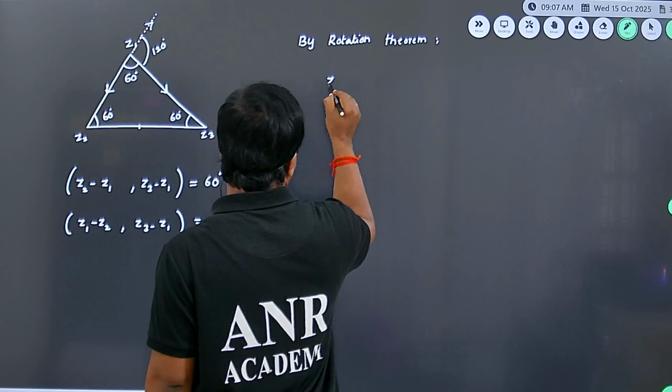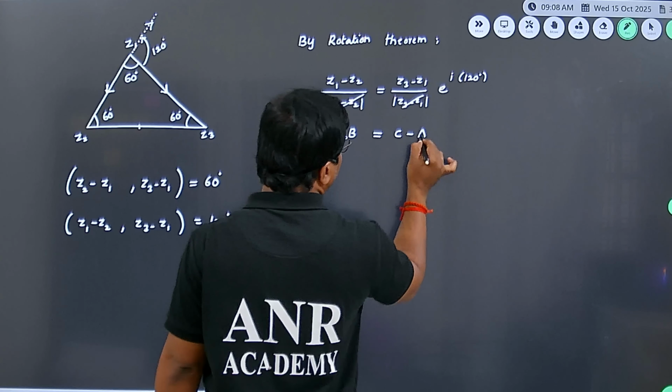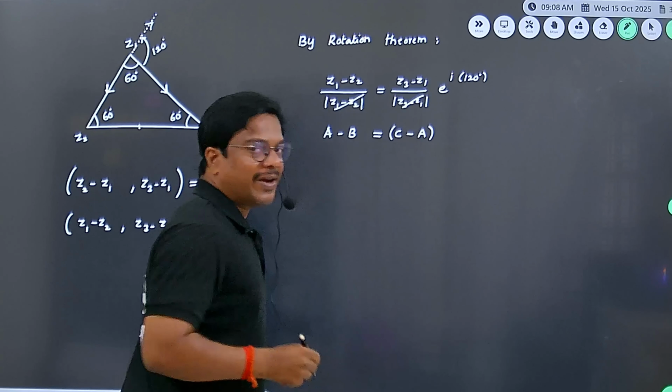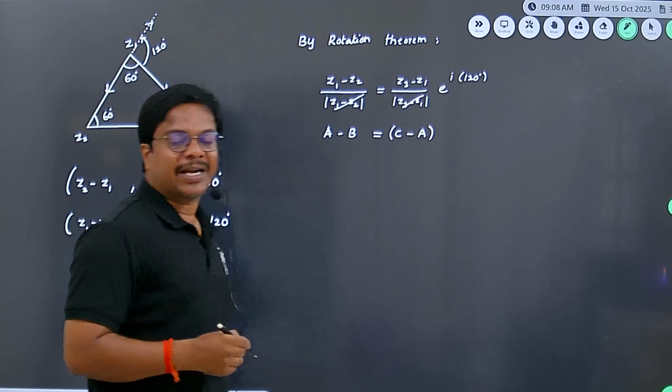In the Cartesian system, Z1 is A, Z2 is B, Z3 is C, and e power i theta is written as cos theta plus i sin theta, so that it is cos 120 degrees plus i sin 120 degrees.